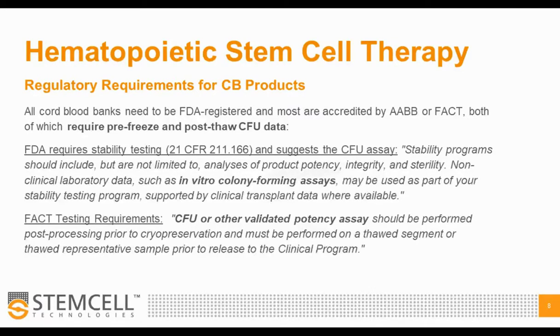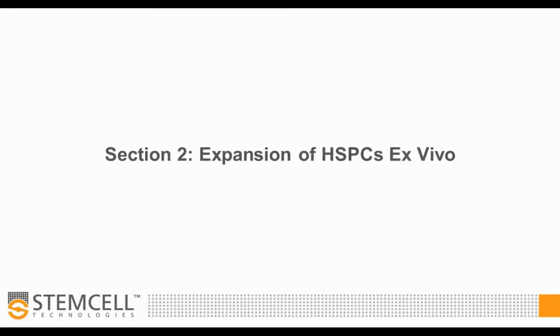All cord blood banks, for example, need to be FDA registered, and most are also accredited by AABB, in fact, other regulatory bodies. And both of these require that you test cells pre-freeze as well as post-thaw to ensure that the potency of the cells is good, and they recommend using the CFU assay, as you can see in these guidances that are displayed on this slide.